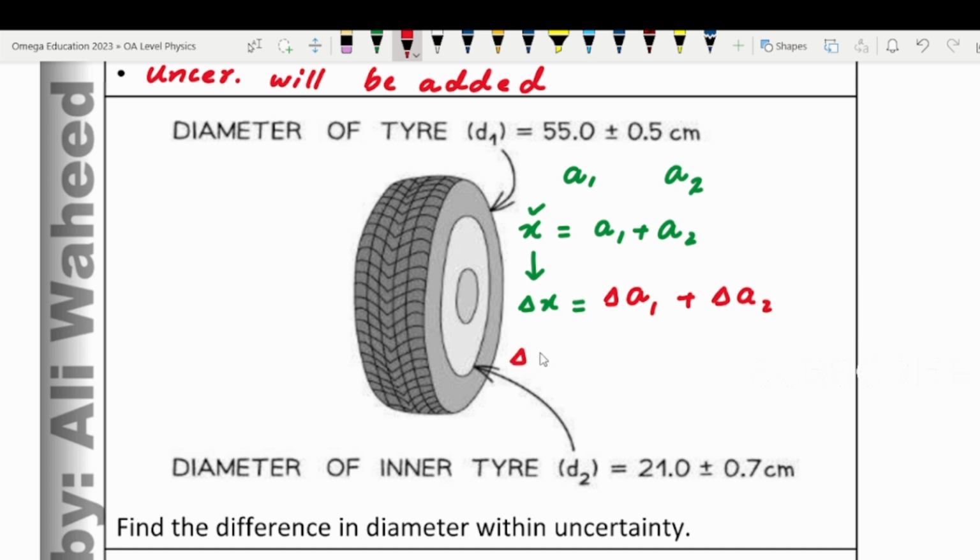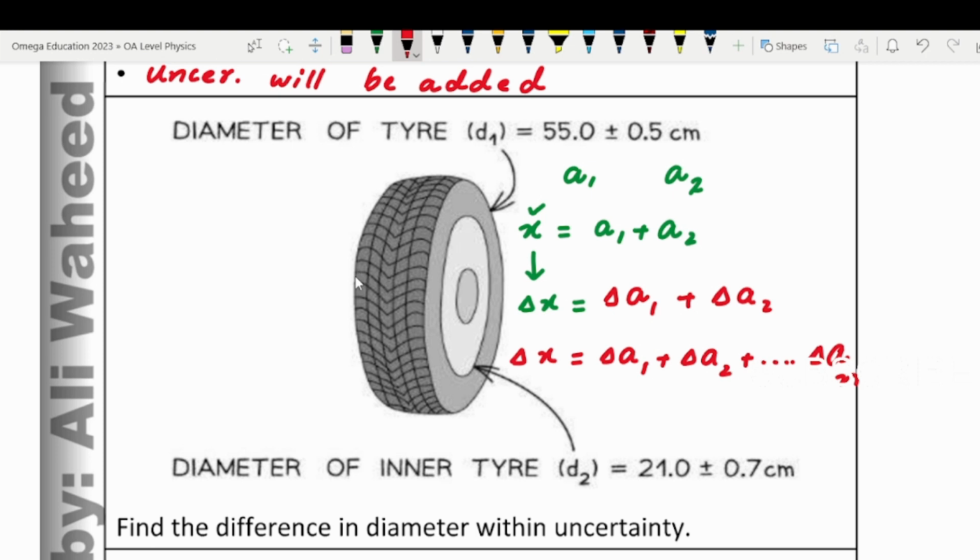If you have n number of quantities, like you're adding a big number of quantities, all you have to do in order to find the uncertainty in your final answer is add the individual absolute uncertainties one by one for n number of quantities.